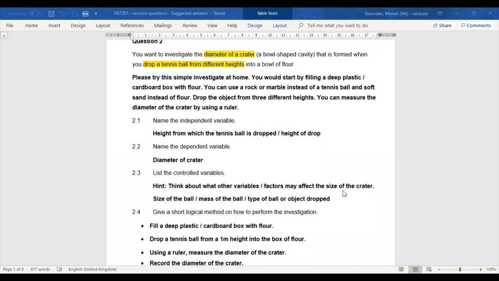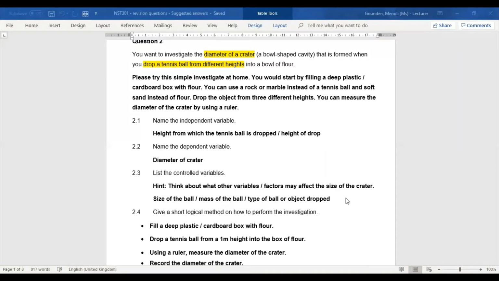So one of the control variables here has to be that whatever object you start to use at a particular height, you continue to use that same object throughout the investigation. So the size of the ball, the mass of the ball, the type of the ball or the object being dropped.